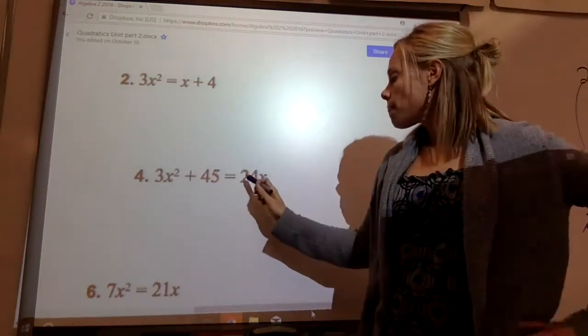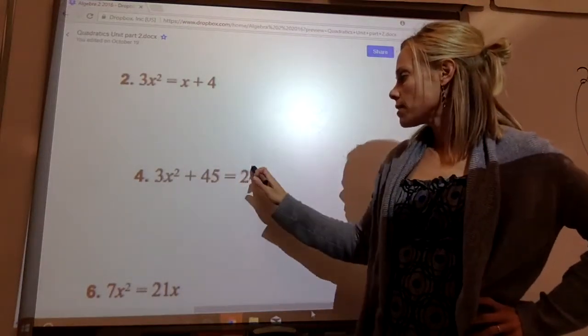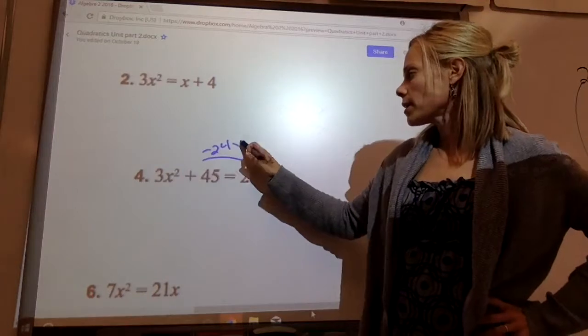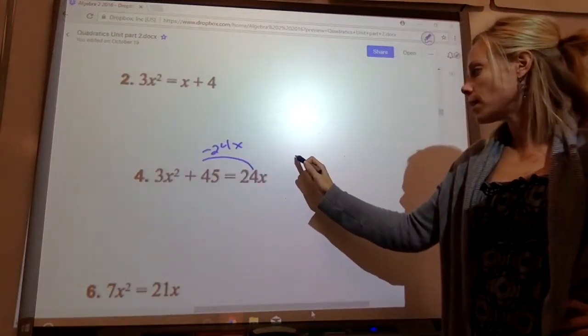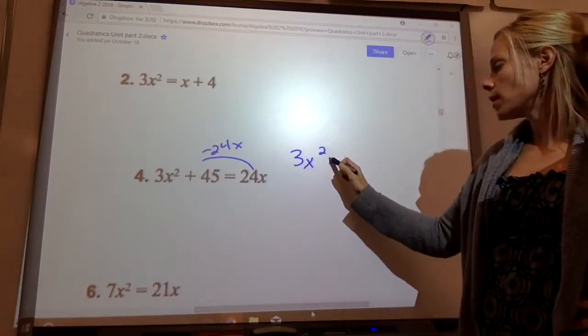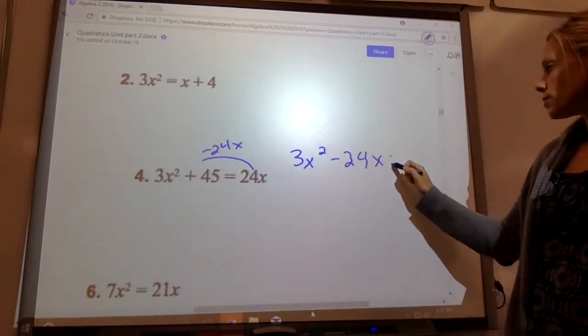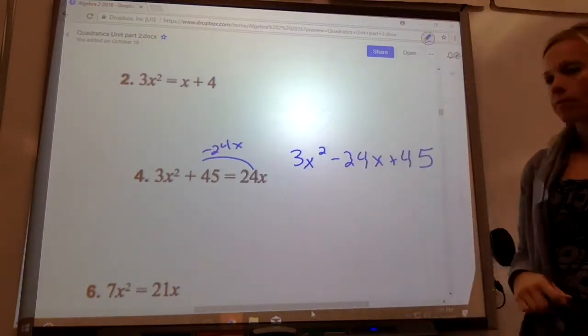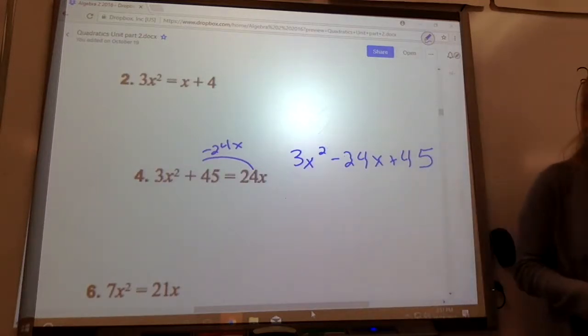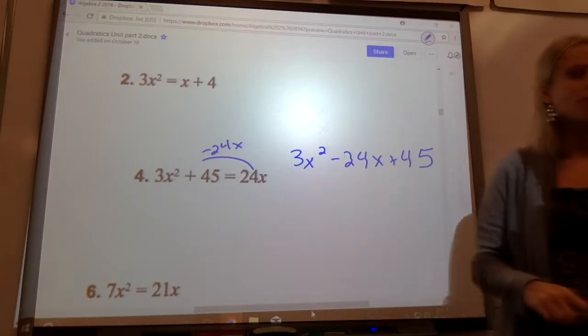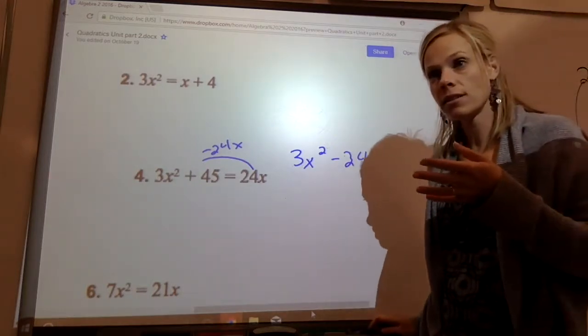Let's try another one. The one below it, again, I want to keep the A positive, so I would minus 24x, and that would go in the middle. You always want to keep your A term, then your B term, and then your C term. Okay. Now, if you can ever factor something out, you want to do that first because it makes factoring easier.